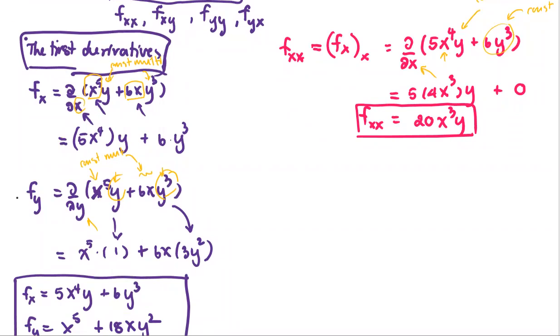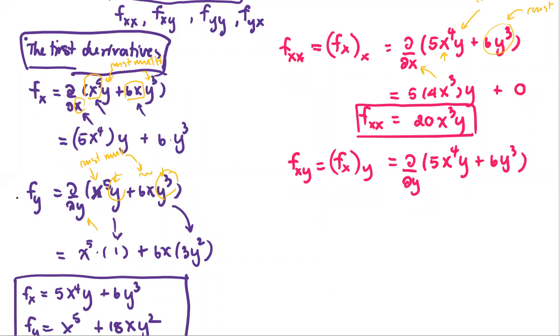And then the next one, fxy. This one is fx first and then y later, or the partial with respect to y of 5x to the fourth y plus 6y to the third. This round, we target the y. We treat 5x to the fourth as the constant multiple, the same as the value 6.